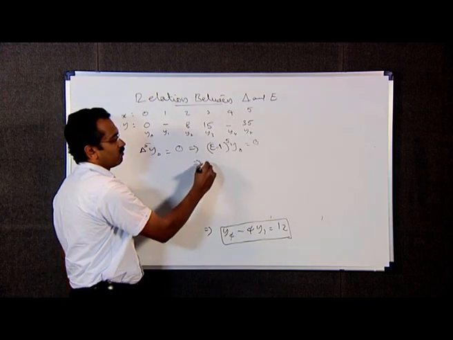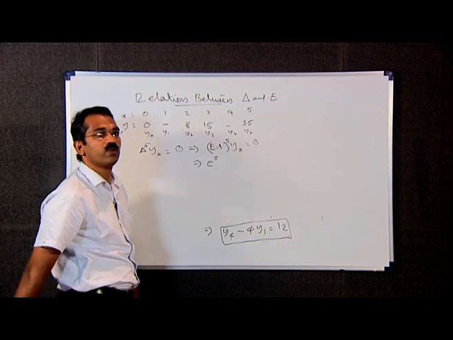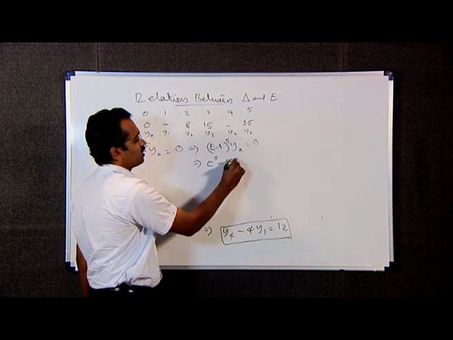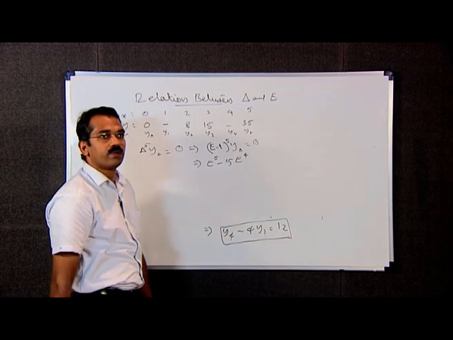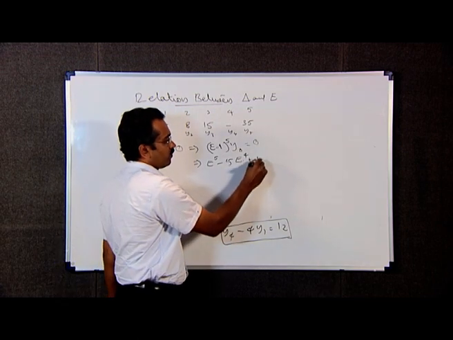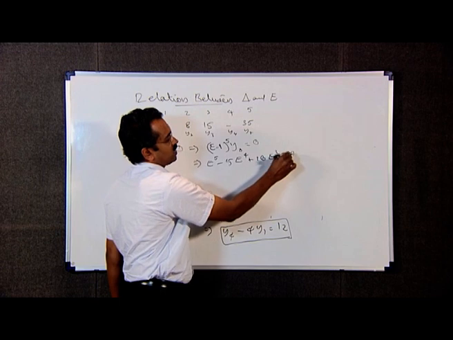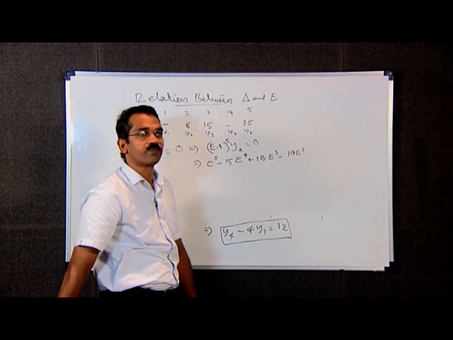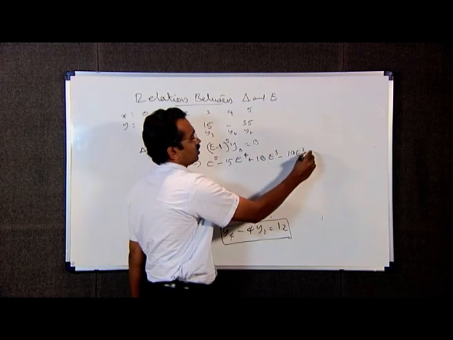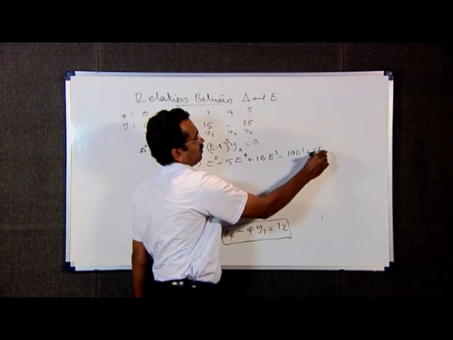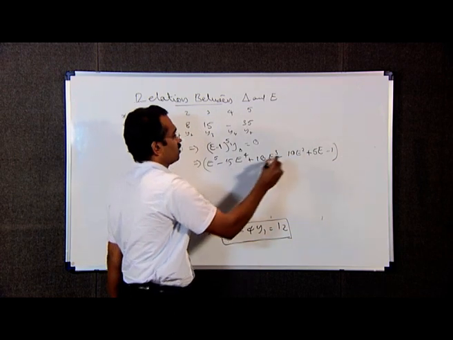On expansion, we get E raised to 5 minus 5E raised to 4 plus 10E cube minus 10E square plus 5E minus 1 of y0 is equal to 0.